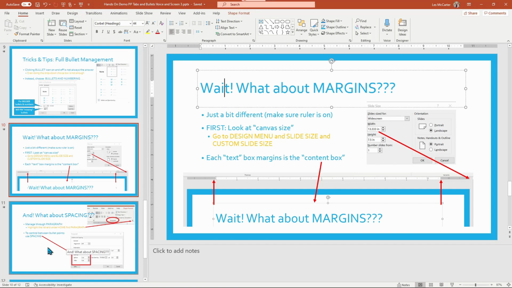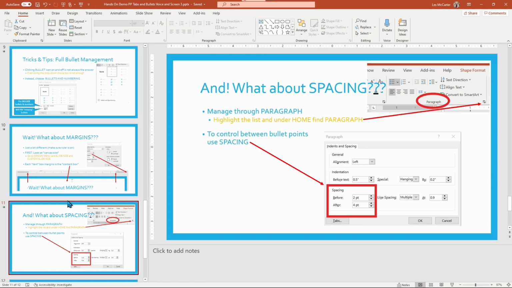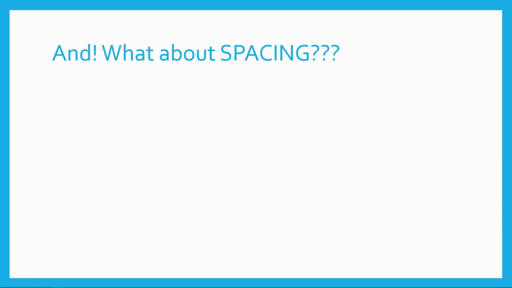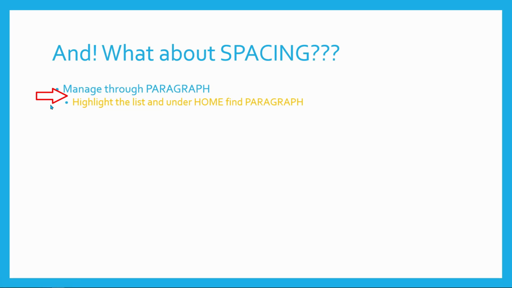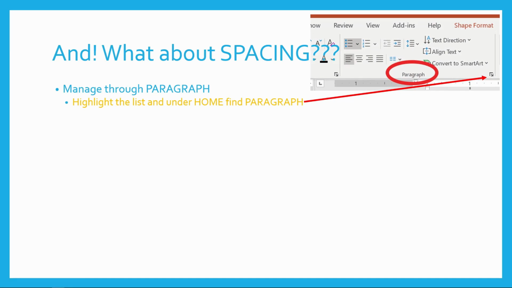And one more: what about spacing? We've learned about spacing within a paragraph by using margin controls. But what about between bullet points? This is controlled via the paragraph dialog box. Highlight the paragraph or multiple paragraphs you want to change, then locate under the home menu the paragraph section.